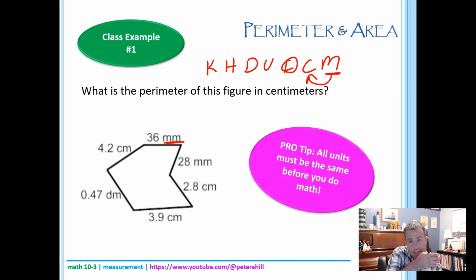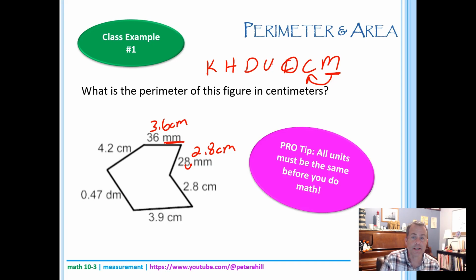So we're going to move that decimal place 1 to the left, which means this is going to end up being 3.6 centimeters. This will end up being 2.8 centimeters. Again, just like we did in our last note, that decimal was here, and then I moved it 1 to the left. This is already in centimeters, so that's okay.